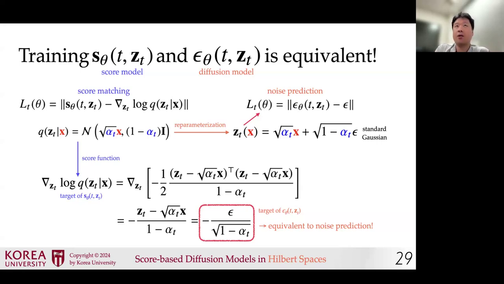In this presentation, we are going to use score modeling and diffusion modeling as equivalent terminologies. In practice, the diffusion model refers to the discrete time modeling, whereas the score model refers to the continuous time modeling. But in this presentation, we are going to use the same terminology, okay?